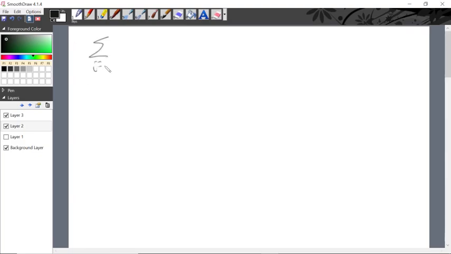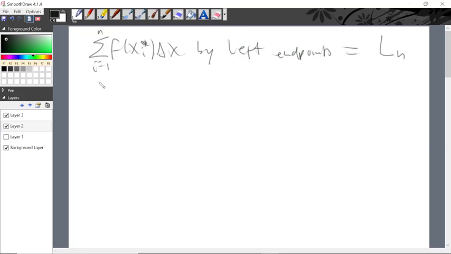All right, so if we take the sum from i equals 1 to n of f of x_i star delta x by left endpoints, let's call that L sub n. There is a finite number of these rectangles here.